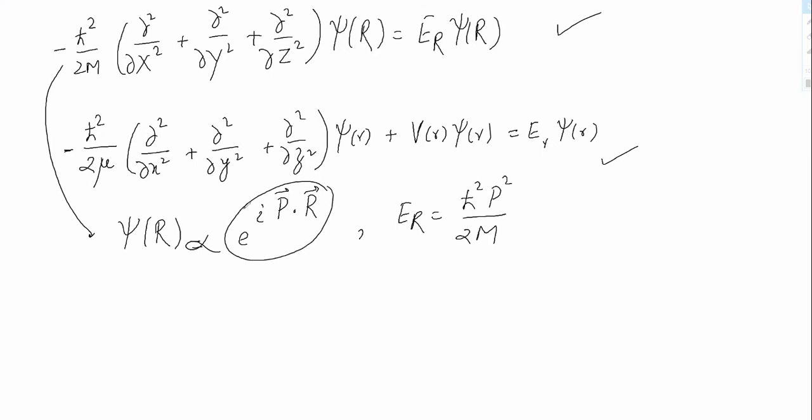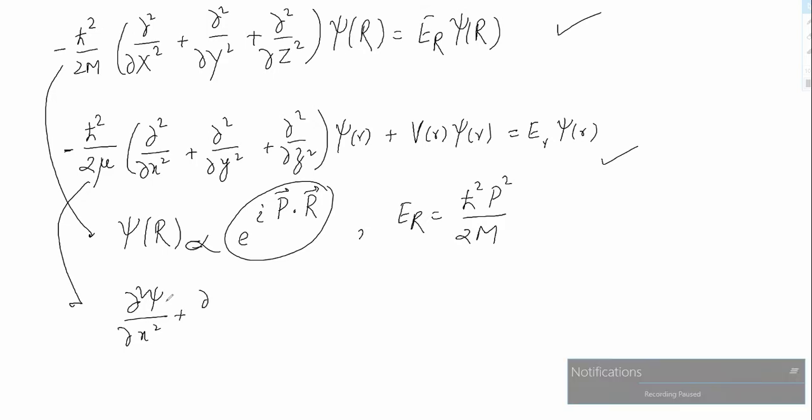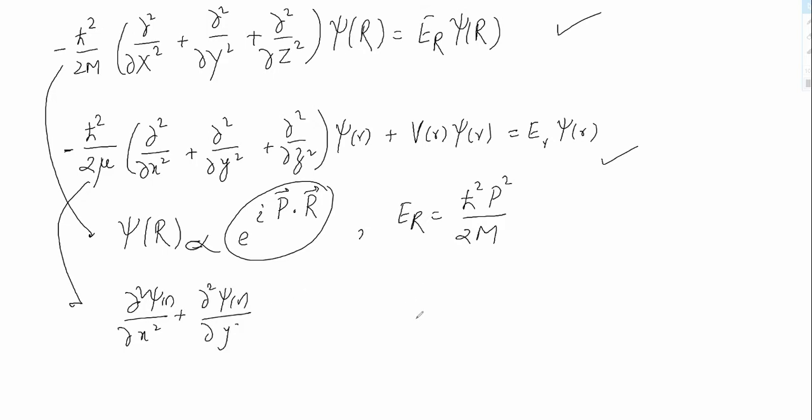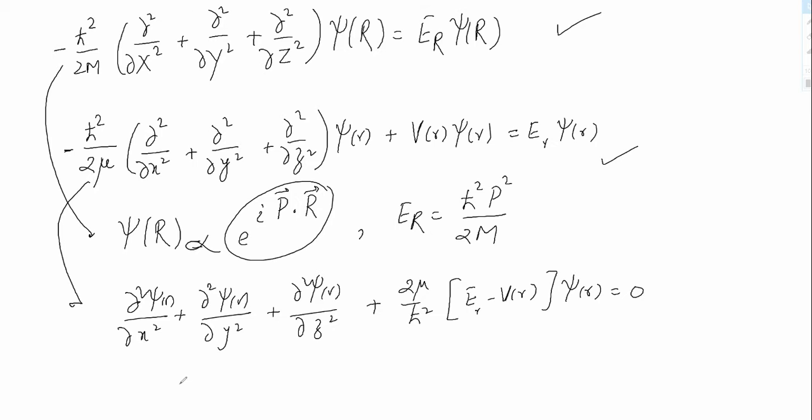Okay, therefore we don't count it in our problem, and what we are concerned with is this part, which is generally written as del square psi by del x square plus del square psi by del y square plus del square psi by del z square plus twice mu by h cross square, E minus V(r), psi(r) is equal to 0.